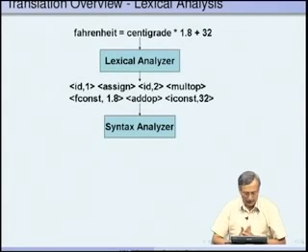Similarly, the equal to itself is called the assignment operator, and it is given a token assign. Similarly, the mult op and the add op. The constants are given the tokens f const and i const with the appropriate values.